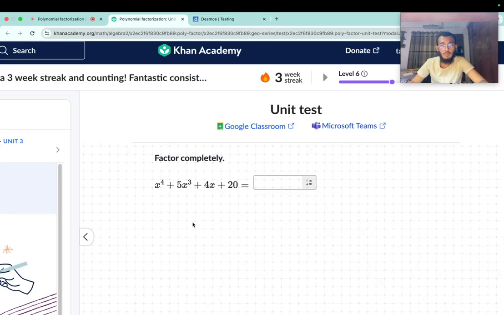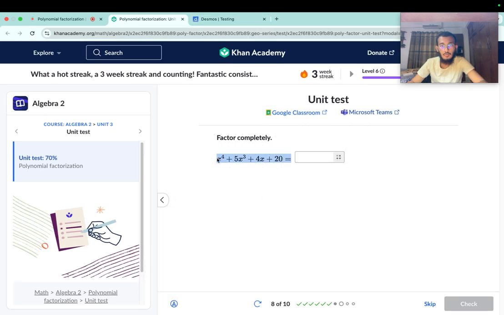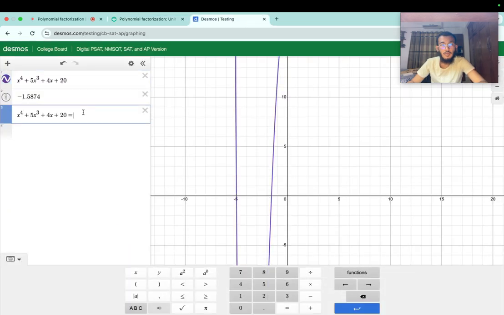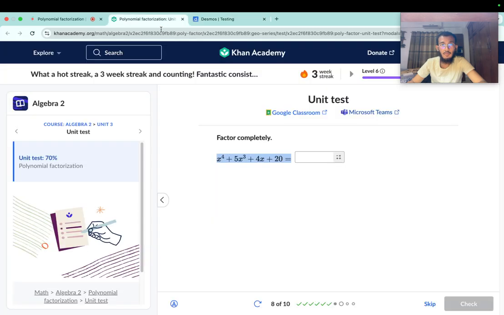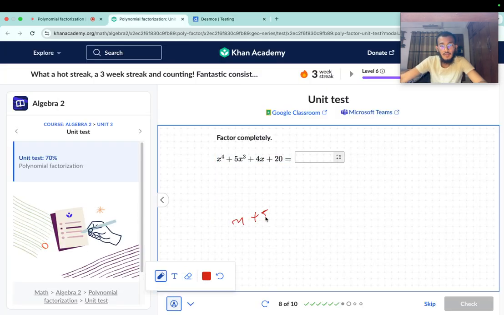So what we can do is, we know one root. We have a root at x equals negative 5, which means x plus 5 is a factor.